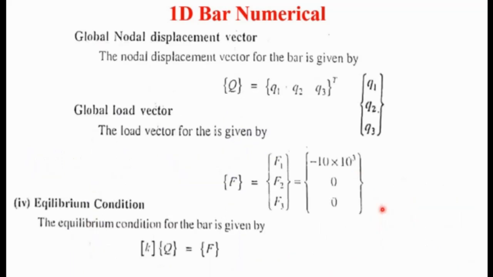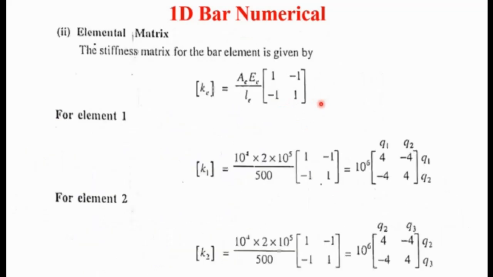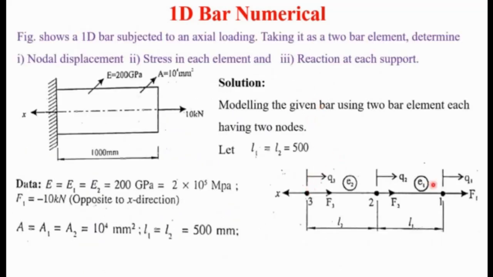Now after calculating the global stiffness matrix, we have to calculate the global nodal displacement vector and the global load vector. Q1 is the displacement at node 1, Q2 is the displacement at node 2, and Q3 is the displacement at node 3.